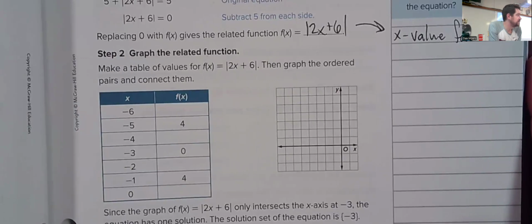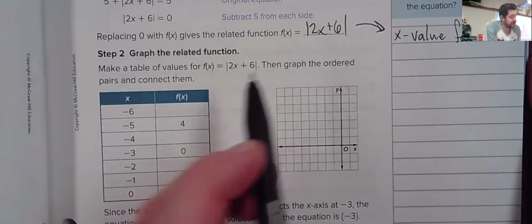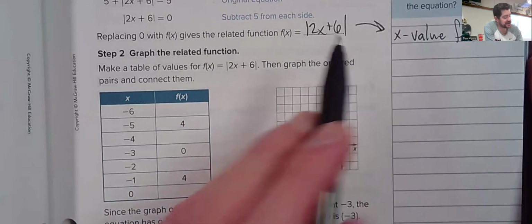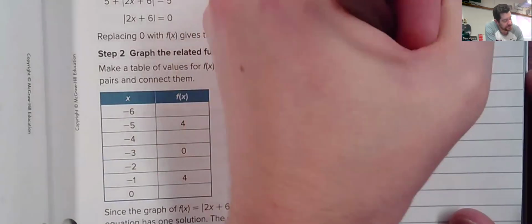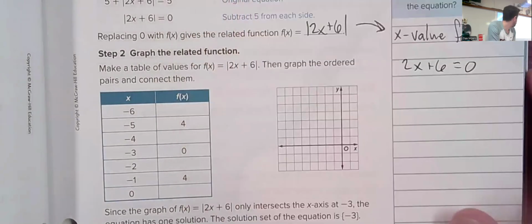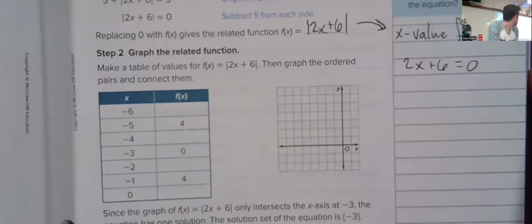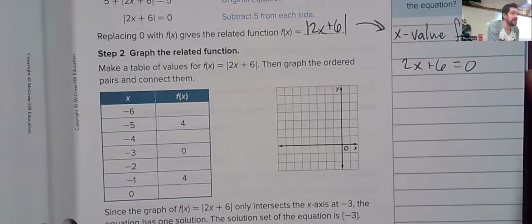Once you get the absolute value isolated, or you get it equal to 0, you're going to get x by itself, like solve for x inside of here. So basically, you're going to say 2x plus 6 equals 0, and then solve for x. So take whatever's inside the absolute value, set it equal to 0, solve for x.